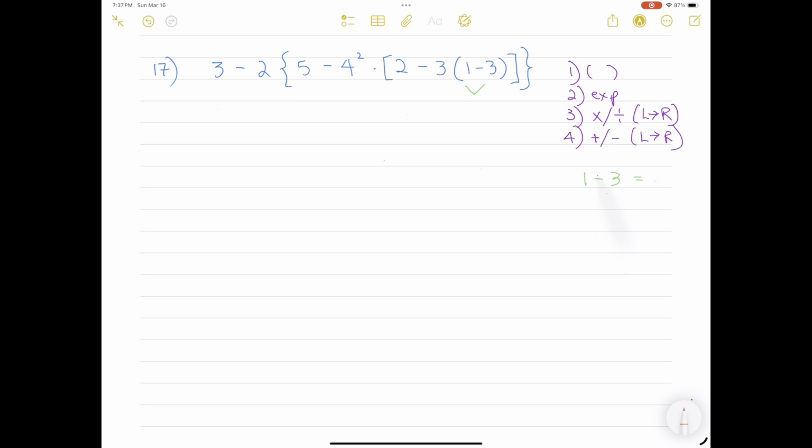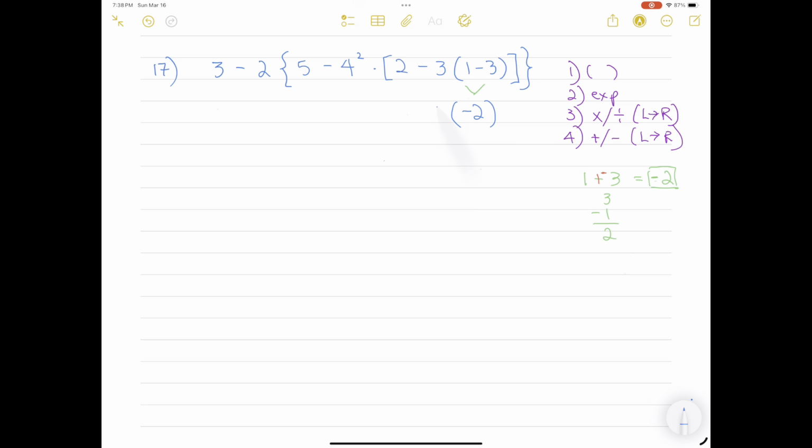The most inside bracket is the one containing 1 minus 3, which I solve on the side. 1 minus 3, I add its opposite to get 1 plus negative 3. It's a subtraction problem. 3 minus 1 equals 2. The number with a larger absolute value is negative, so it's negative 2.